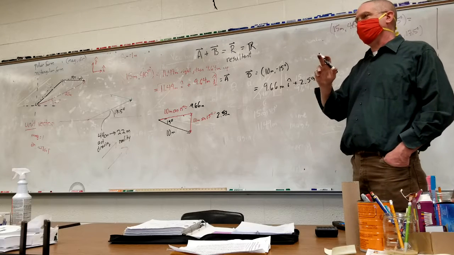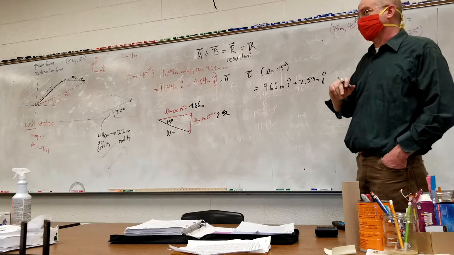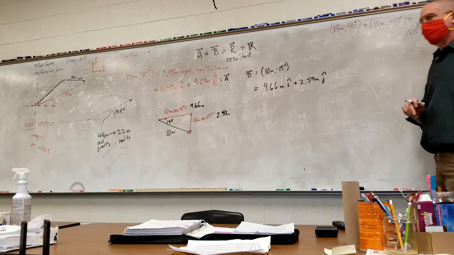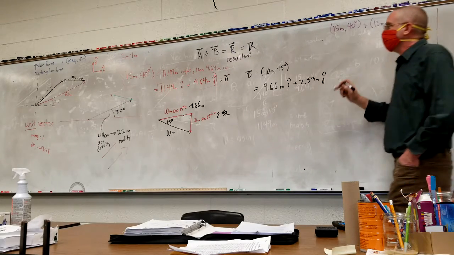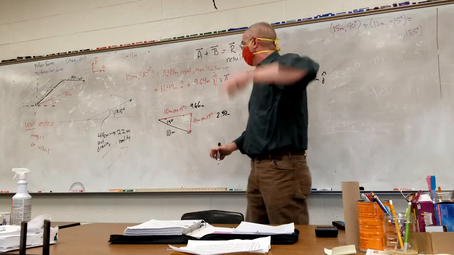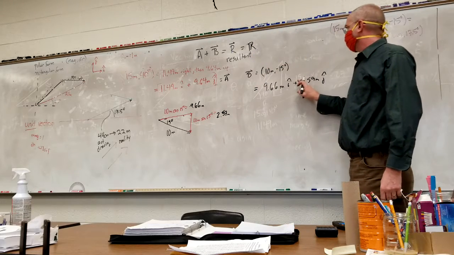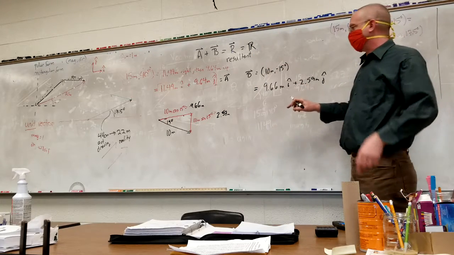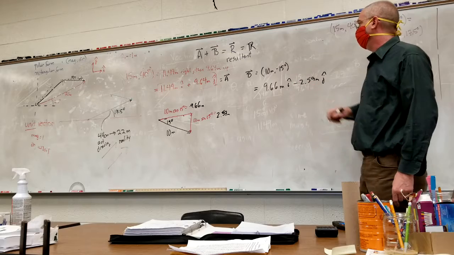Right, one small mistake. You said exactly what I was expecting you to say at this point. Negative. Because j hat is defined as upwards, but this goes down, you need to somehow indicate that it's going the opposite direction, and so minus.